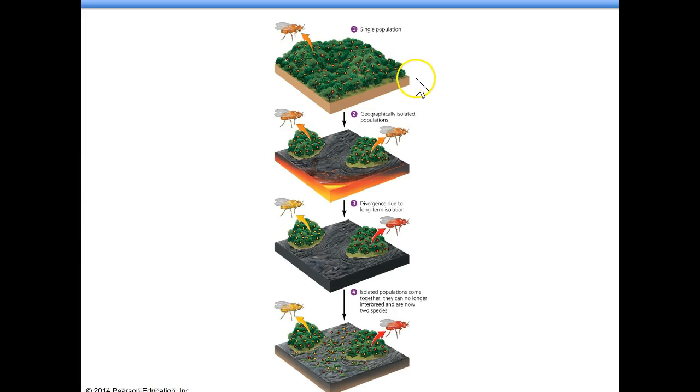Number one indicates a single species, a single population, in an area that is a forest. If it's destroyed by a lava flow, like we see in number 2, then it's going to separate these two species.